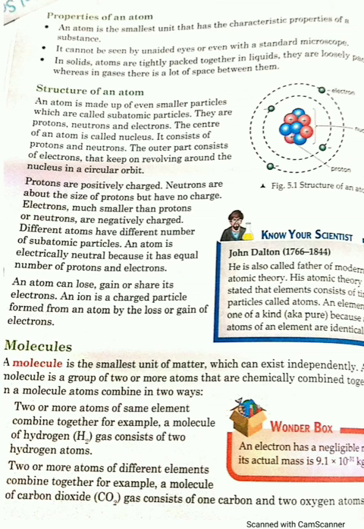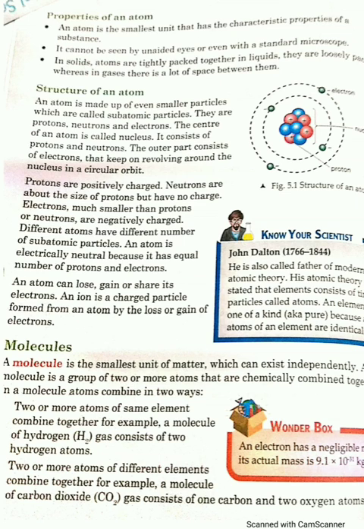An atom can lose, gain or share its electrons. I repeat, atoms have the tendency to lose, gain or share electrons. And what are ions? Ions are charged particles which are formed due to loss or gain of electrons.